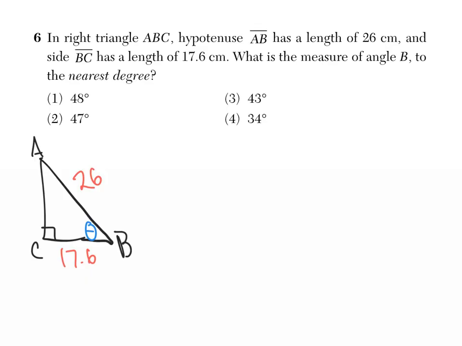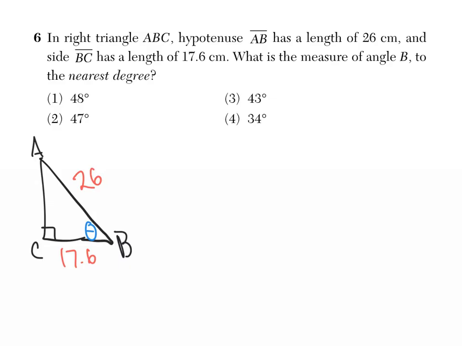So our objective is to figure out what is the measure of this interior angle right here to the nearest degree. Well, I know that we're going to use our trig ratios, and I recognize that here, when we're looking at this from the perspective of angle B, we've got adjacent and hypotenuse, and that, of course, is going to be the CAH, and so CAH-TOA, and so we're going to be looking for cosine.